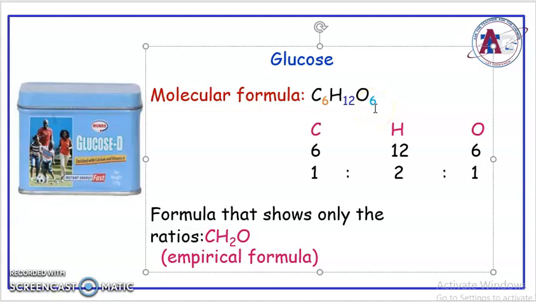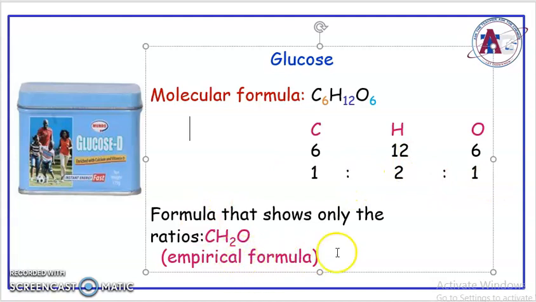So in a molecule of glucose, we have 6 carbon atoms, 12 hydrogen atoms, and 6 oxygen atoms. If you look at the formula, you find that you have 6 carbon atoms, 12 hydrogen atoms, and 6 oxygen atoms.